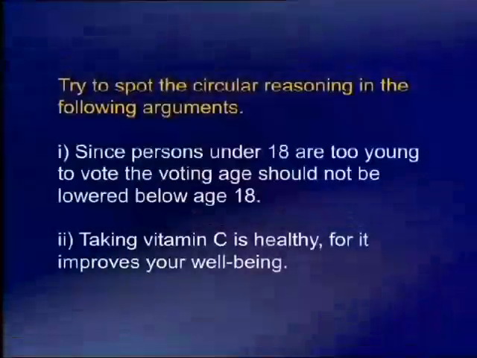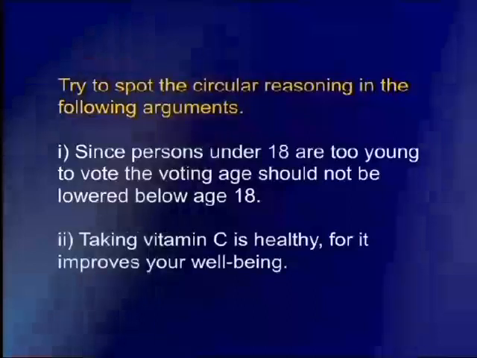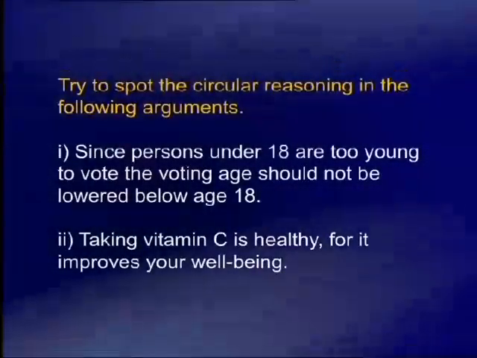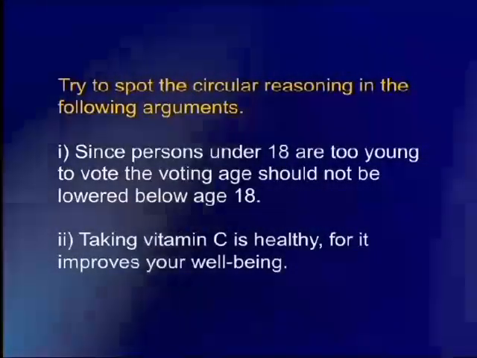Now, try to spot circular reasoning in the following arguments. Number 1. Since persons under 18 are too young to vote, the voting age should not be lowered below age 18.